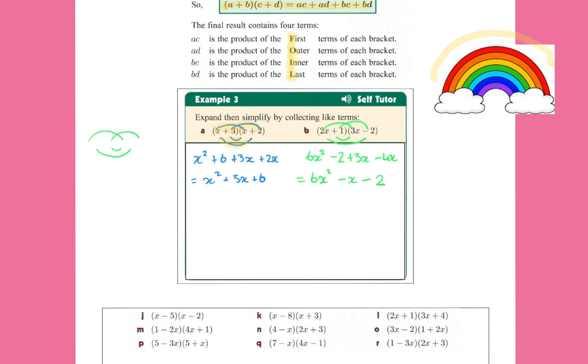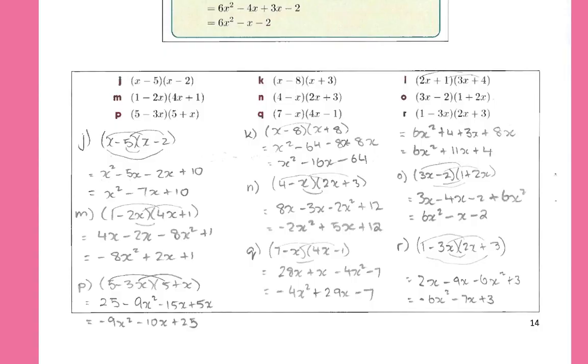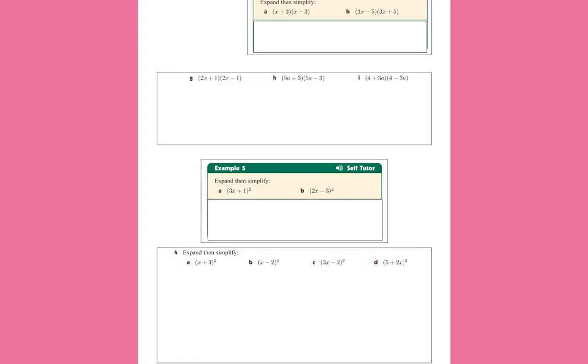Have a go at the questions in the box below, and then on the next slide are the worked solutions. So here are just a couple of examples that are based on that.